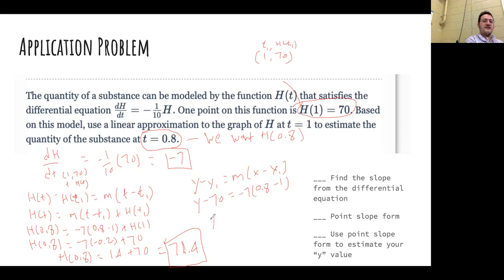And I would actually get the same thing. So if I did -7 times 0.8 minus 1, this way is just a little bit more crude, plus 70, I would also get the 71.4. So with that, that is skill 44.